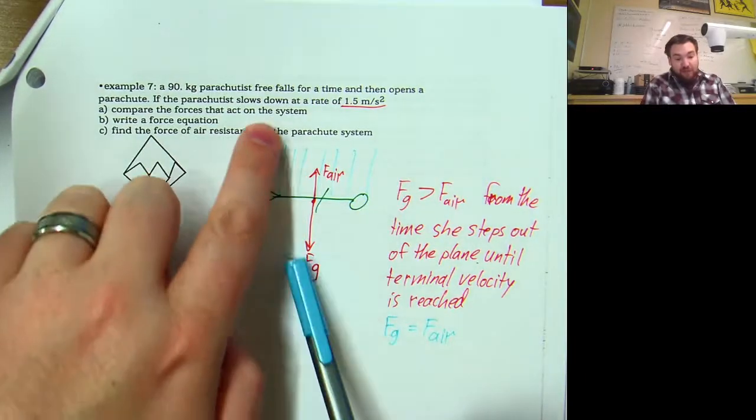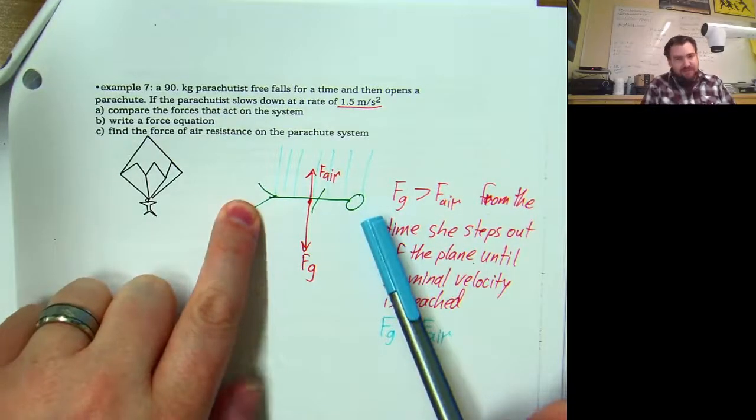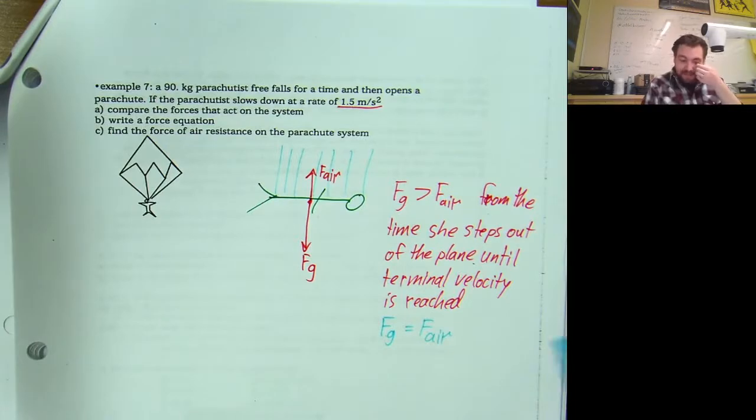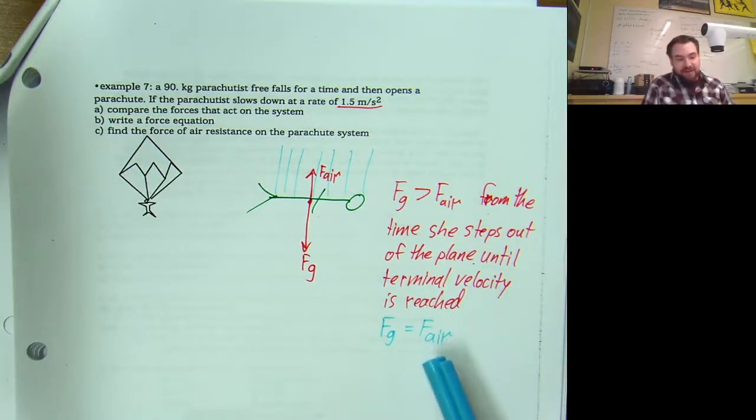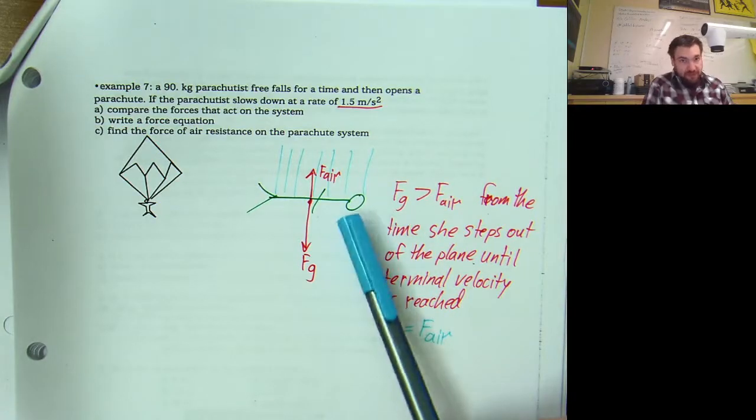You could fall faster than someone falling like this. You've seen this in action movies all the time. And that's because F air is dependent on a lot of things. It's dependent on your orientation. It depends on how streamlined you are, that kind of thing. The terminal velocity is when Fg equals F air, and you are no longer accelerating at this point.